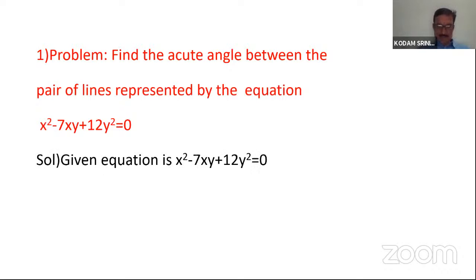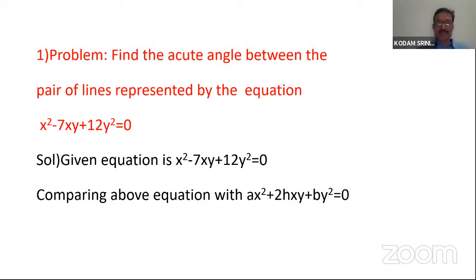Let us solve one more problem: find the acute angle between the pair of straight lines represented by the equation x square minus 7xy plus 12y square equal to 0. The given equation is x square minus 7xy plus 12y square equal to 0. Comparing it with ax square plus 2hxy plus by square equal to 0, here a equals 1, 2h equals minus 7, b equals 12.